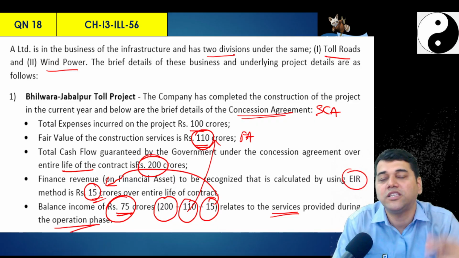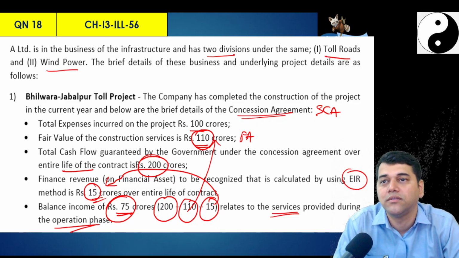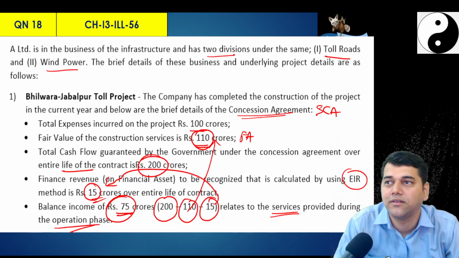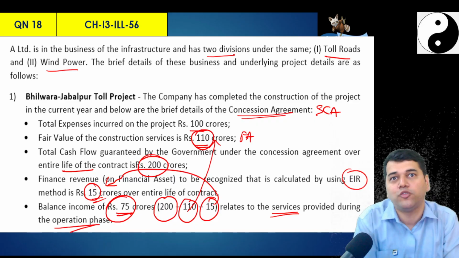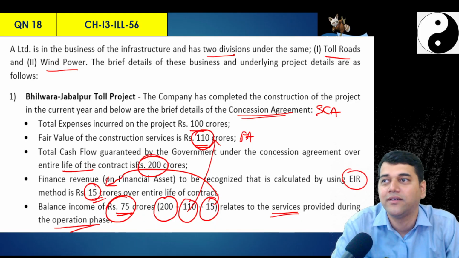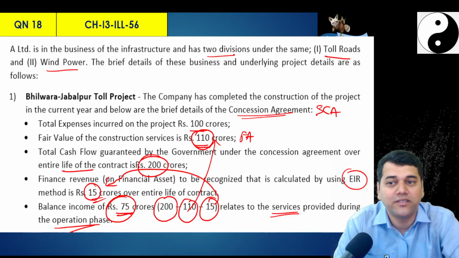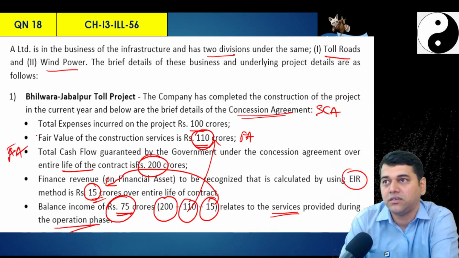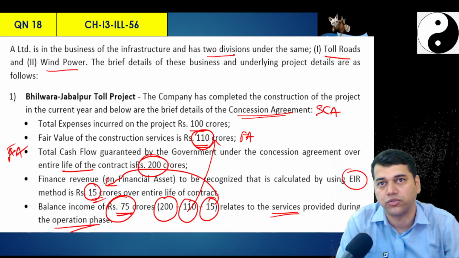Now who is going to collect the toll? Are you going to collect or is the government going to collect? No, you may collect. Whose bank account should you credit? Your bank account or the government's bank account? Government. Understand, because this is a financial asset model where government said, look, you construct and operate, I will pay you 200 crores.